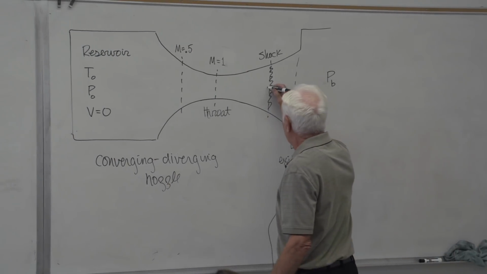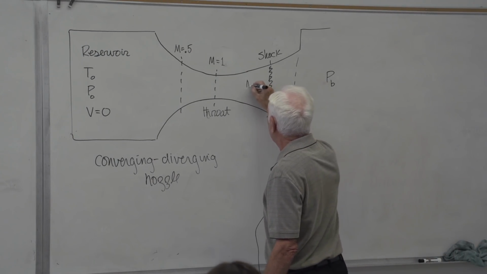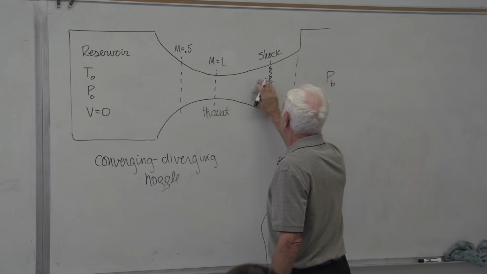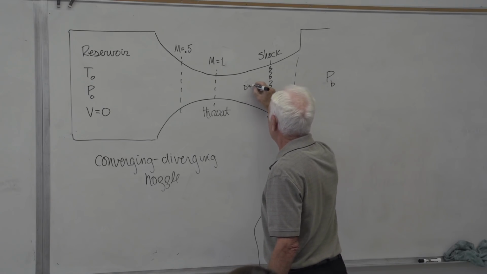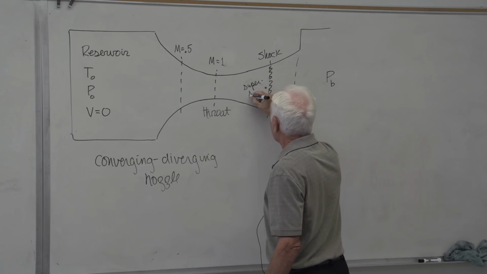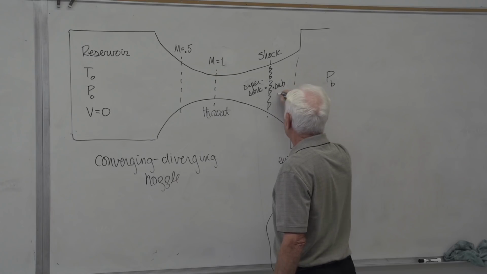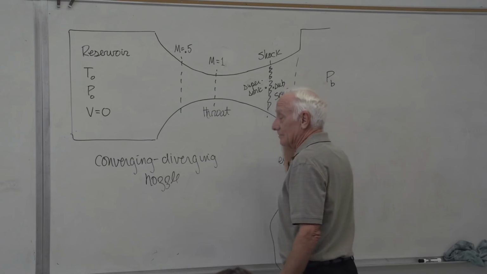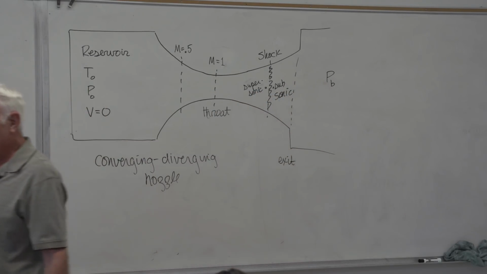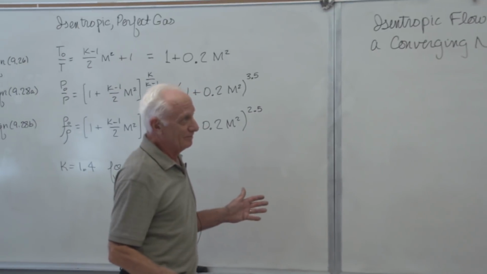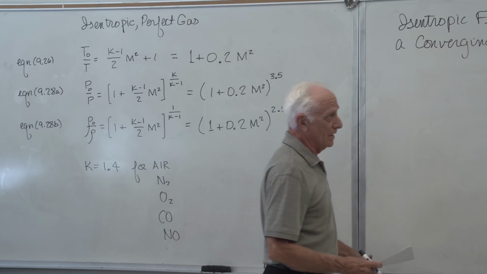And a shock wave, the Mach number here might be 2, and let's just put it this way. This would be supersonic. When you go through the shock wave, it goes back to subsonic. So yeah, it's going to get a bit complicated, but that's another day, okay? But there could be a shock wave in the diverging part of the nozzle there.